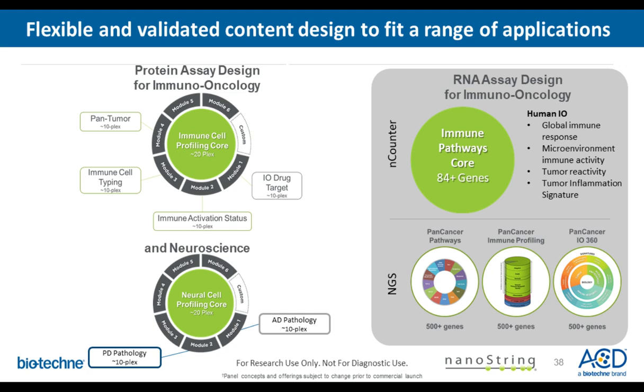And what that does is it creates more flexibility and enables more discovery type applications. So you're able to increase the numbers of analytes that you want to look at. In this case, we are designing an initial panel of about 1,500 genes. And the content is drawn from our very popular pan-cancer pathway panels that are shown here.